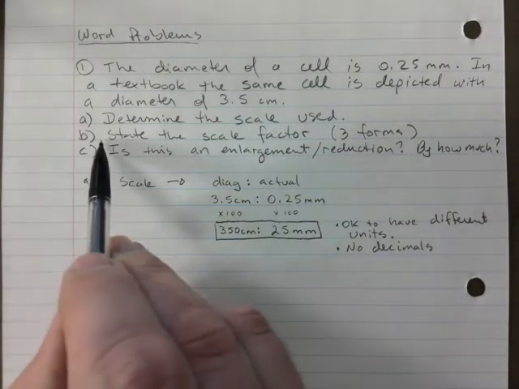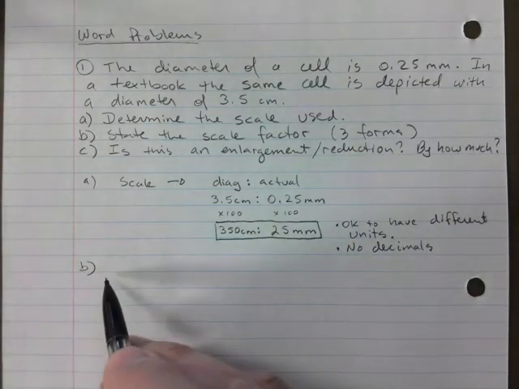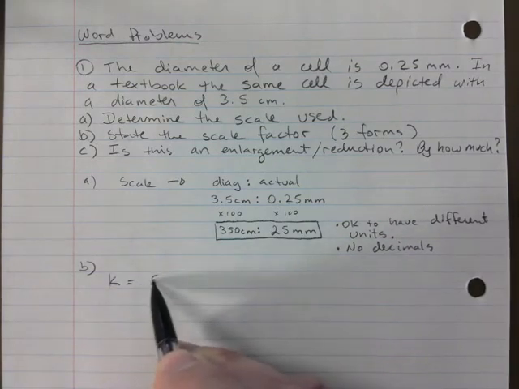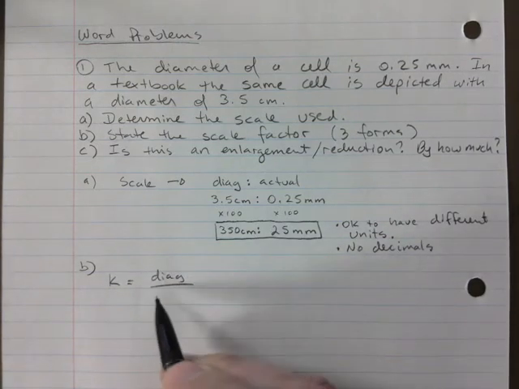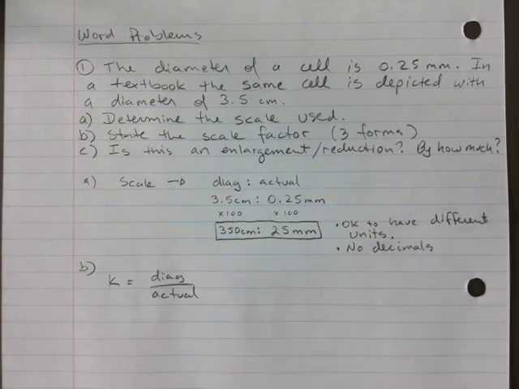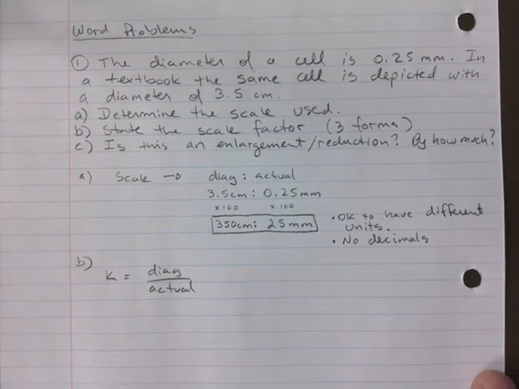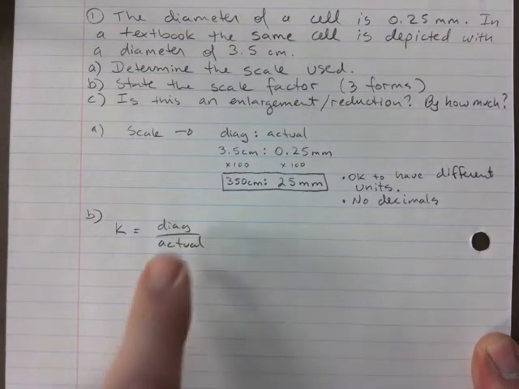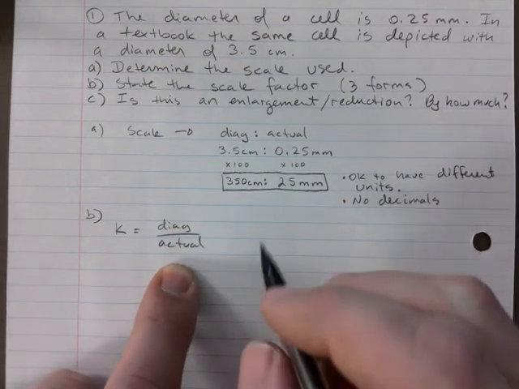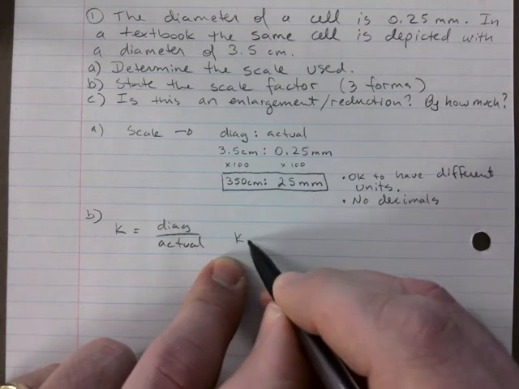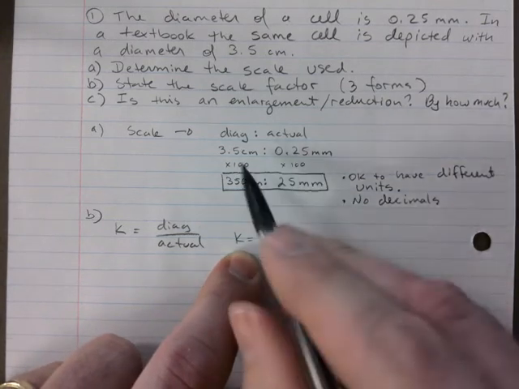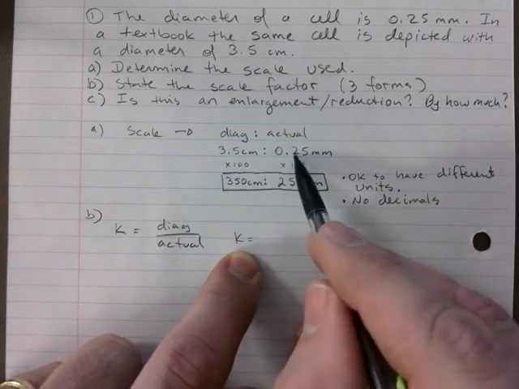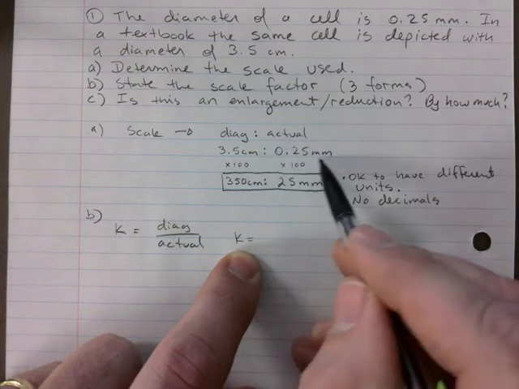Okay, B. State the scale factor in 3 forms. Scale factor is diagram over actual. That's how we want it to look. So K is equal to, I can go to the previous work, but I'm going to start from scratch.